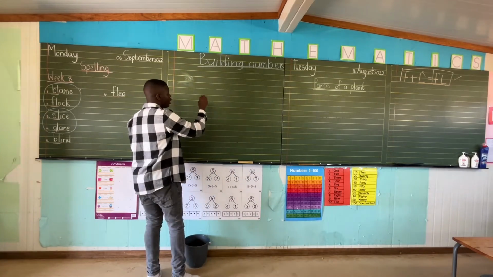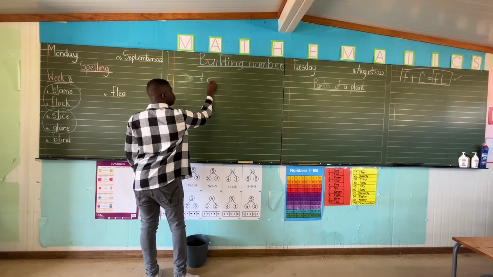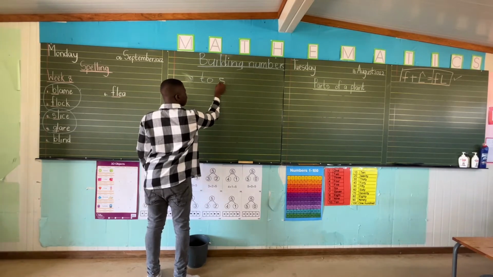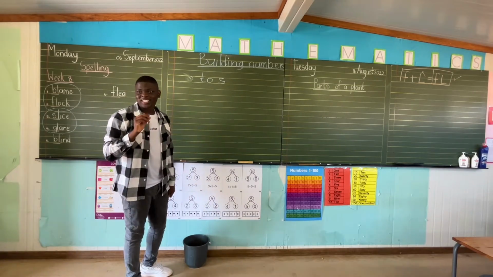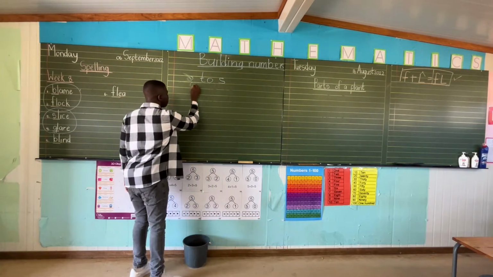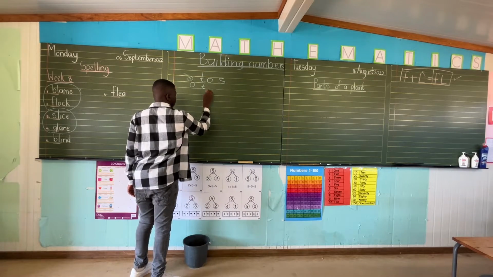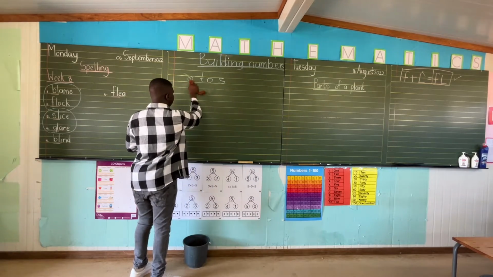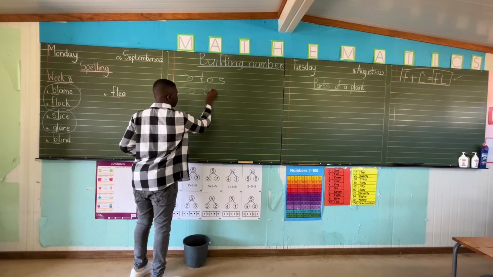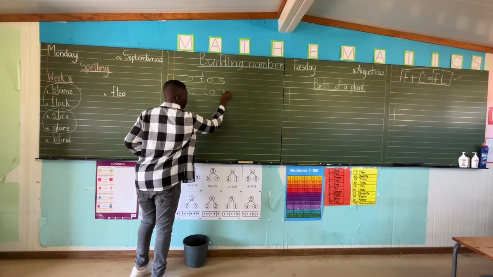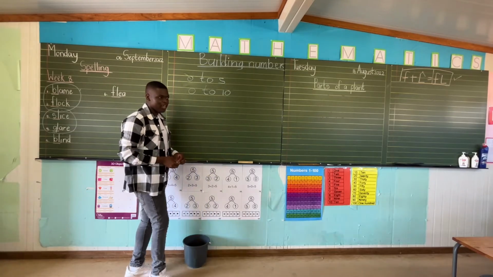We'll build them from 0 to 5. And after I have seen that you understand this, we will do 0 to 10.